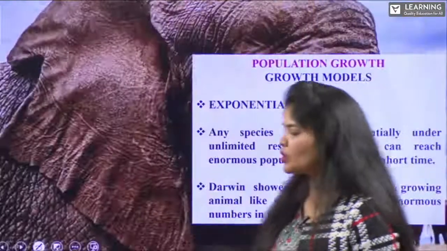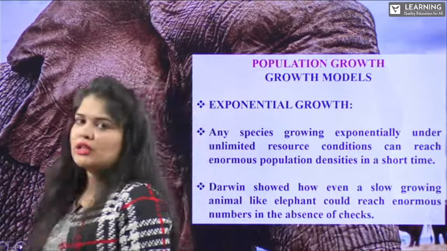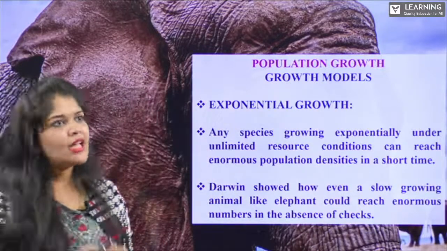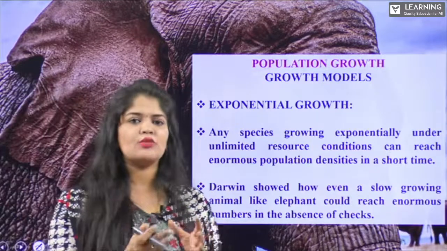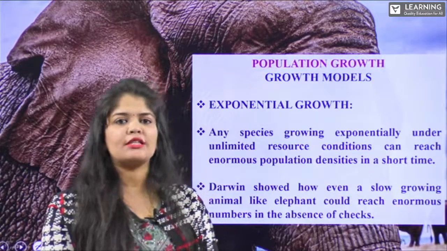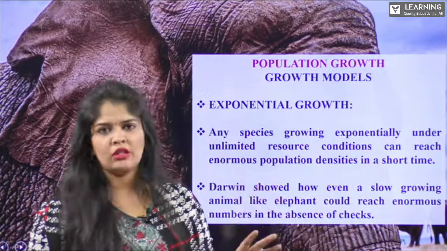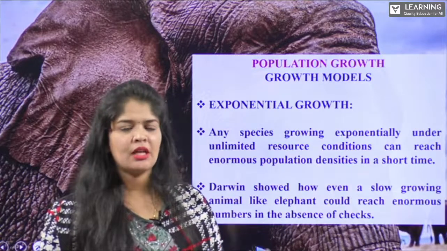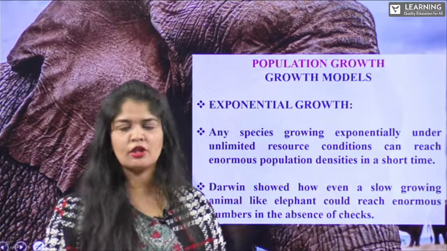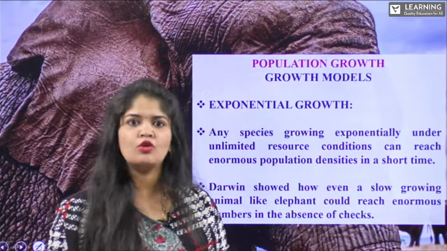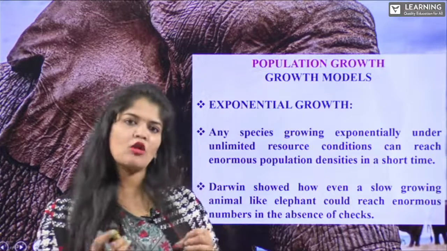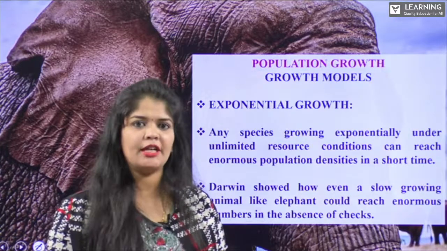Now, if any organism is following this exponential form, actually the conditions given to this exponential growth model are completely imaginary, because there is no habitat that provides limitless, endless resources, no predators, and all favorable conditions. This never happens.